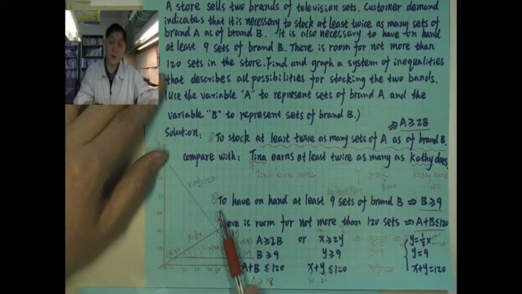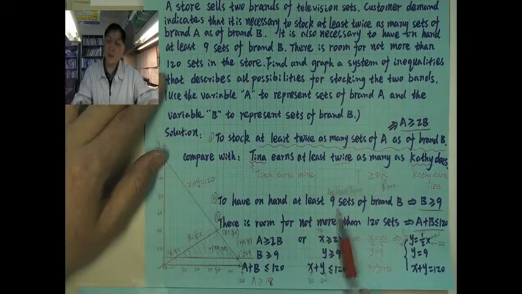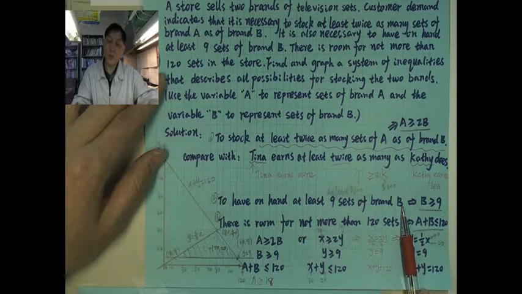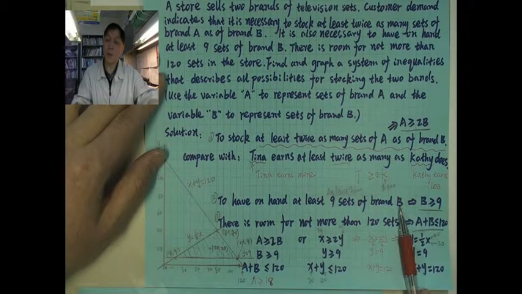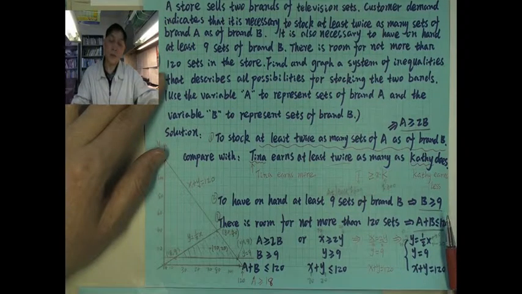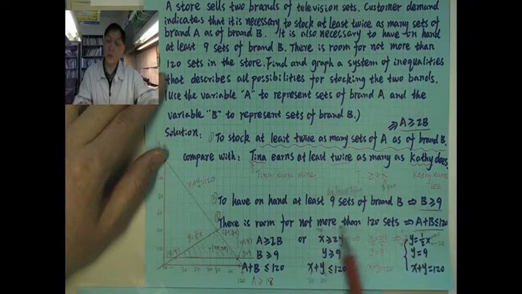The second sentence, to have on hand at least 9 sets of brand B. So that means B at least we need 9 sets. So B must be greater than or equal to 9. That's the second condition. The third one, there is room for not more than 120 sets.